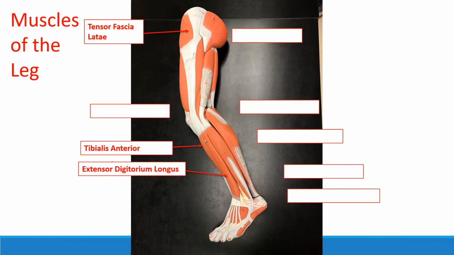So these two work together to enable us to walk. Tibialis anterior dorsiflexes the foot, and the extensor digitorum longus, when the toes go down, spreads them out, and the ends of the phalanges and the toes flex.